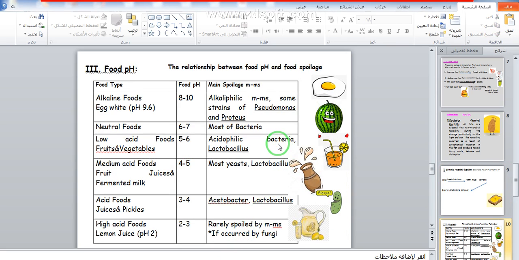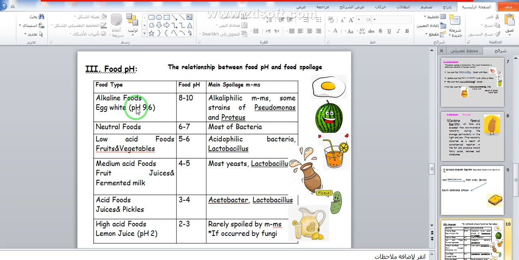The third factor is the food pH. Foods with a neutral pH are suitable for growth of most bacteria and fungi, so they will be spoiled faster. But this table will show the relationship between food pH and food spoilage. We will see in the first column the food type, then the food pH, and the main spoilage microorganisms.